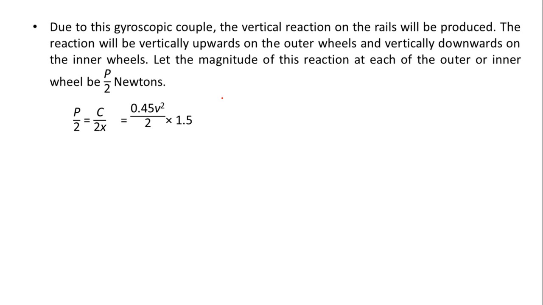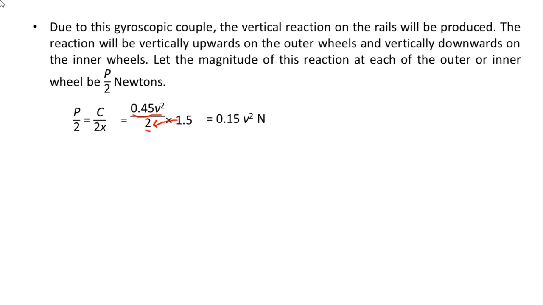Gyroscopic couple value is 0.45 V square. Just now in the previous slide we have found this out. Divided by 2, this 1.5 should be in the denominator. It's a printing mistake. Divided by 2 into 1.5. So dividing 0.45 by 3 is 0.15. 0.15 V square Newton is the reaction force on each wheel due to gyroscopic couple.